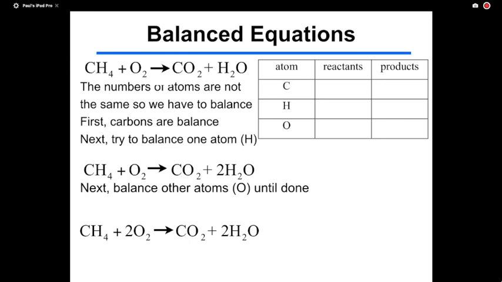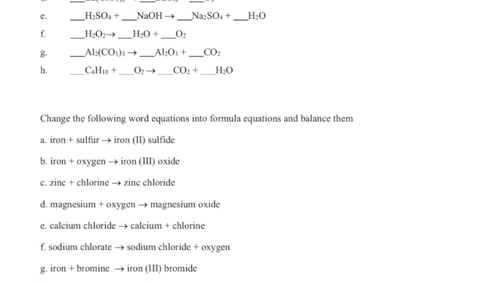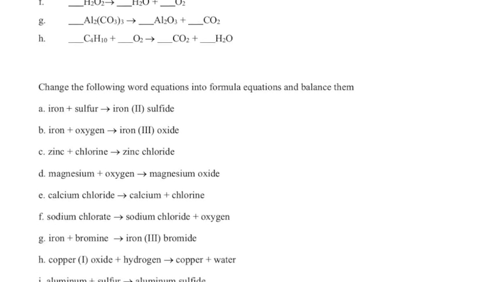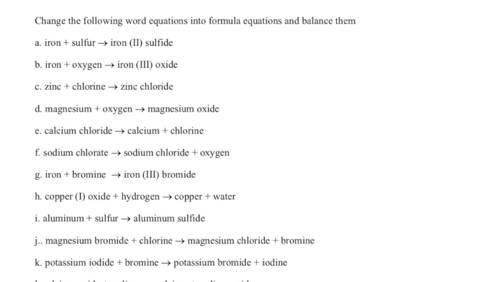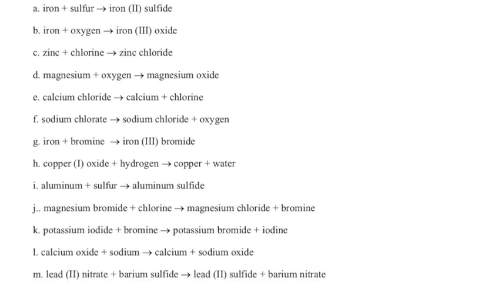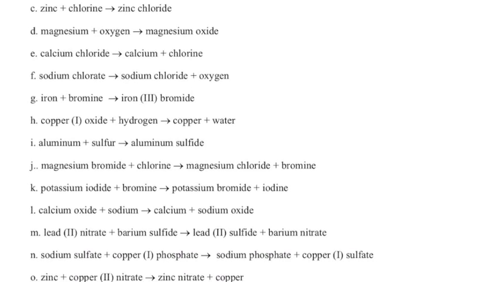Okay? Don't get fancy and do groups. A single element at a single time, because when you start making shortcuts, you get yourself all messed up. All right, on this worksheet, we are going to work on the top group, not the bottom group. Not yet.